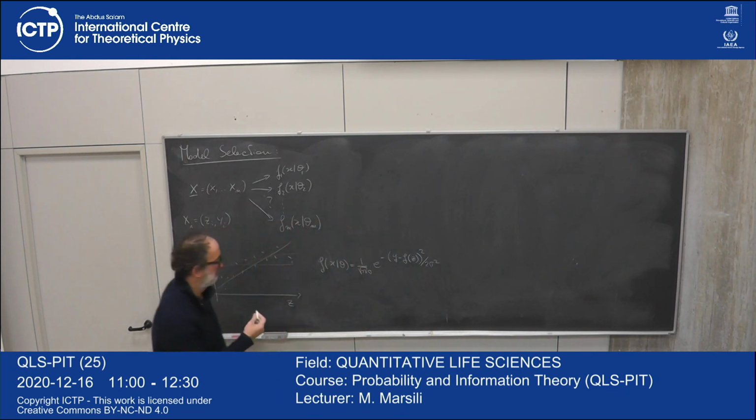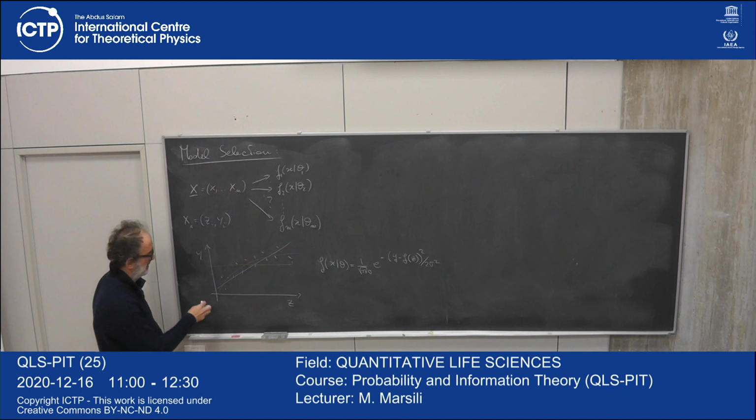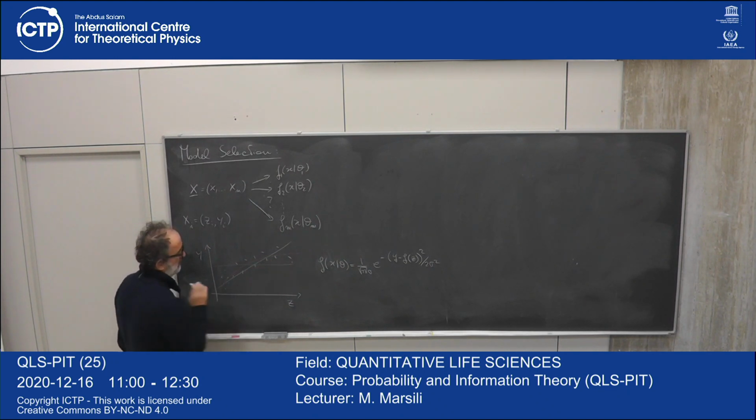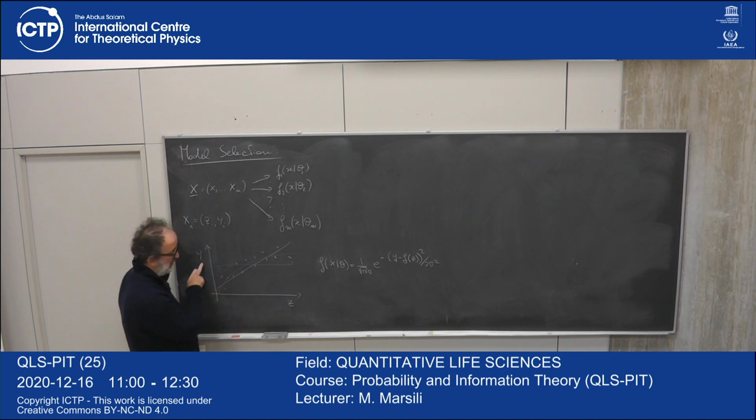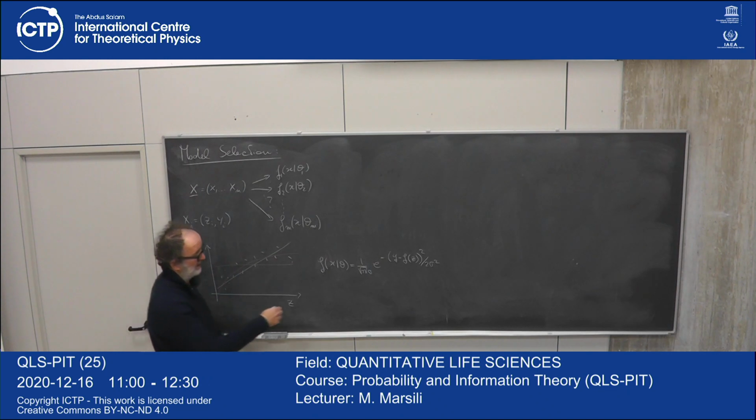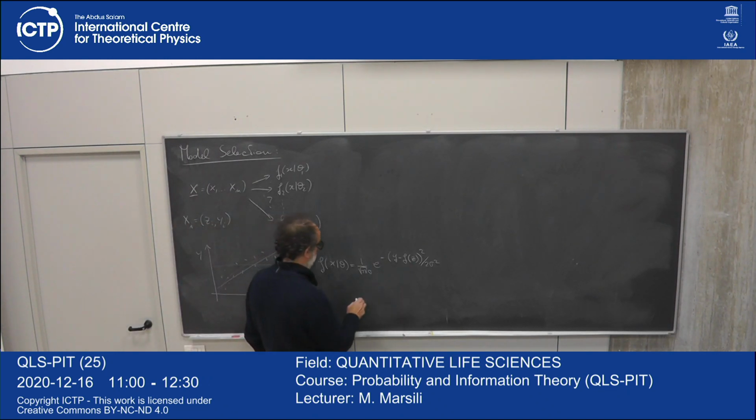So this would be a model that tells you that there is a function f, and then the values of y are just a Gaussian variable around a mean, which is f of z.